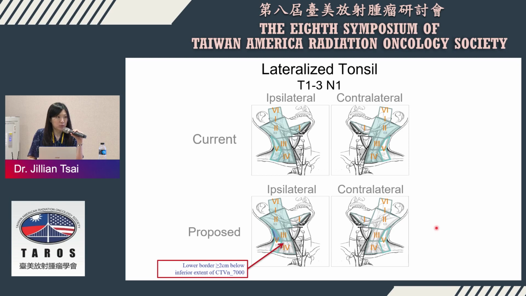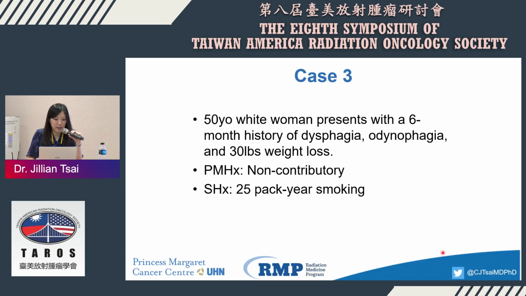So I think the treatment, especially the field delineation for oropharynx, is going to evolve very, very rapidly in the next couple of years when all these trial results come up, and we'll be treating very, very limited neck to spare the toxicities.